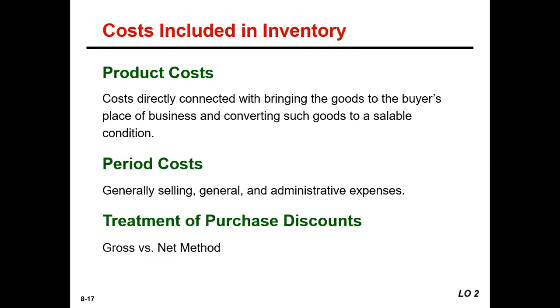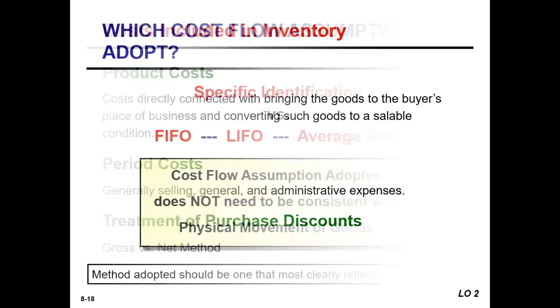Okay. And then just like we talked about in the previous chapter, those purchase discounts are either handled with the gross method, which is what we've gotten a good amount of practice with before, and then the net method, right? So a couple things that we think about here with inventory.